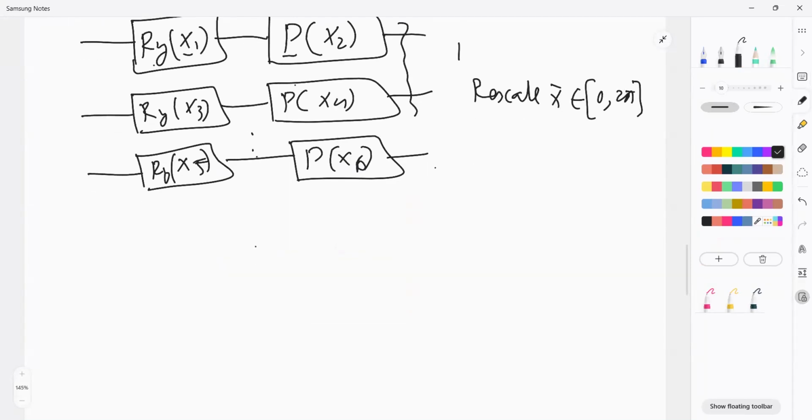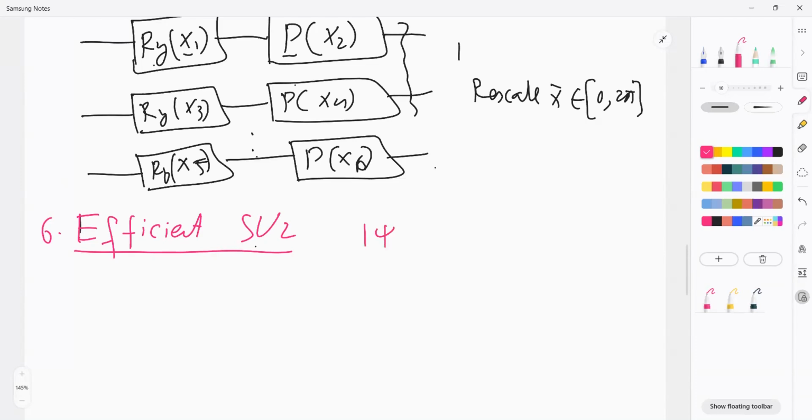And the reason is this: for a single qubit, we know that, for this new technique that I'm going to introduce, called efficient SU2, the philosophy behind it is this. For one qubit, the state is something like this.